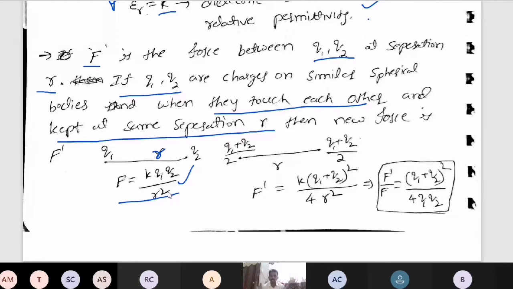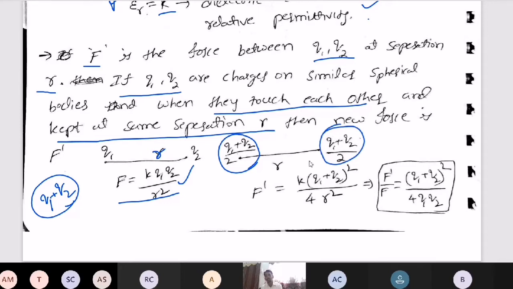Now what you have done? You touched both of them. As you touch both of them, the total charge becomes Q1 plus Q2. But both are identical, so the total charge will be divided equally between them, because charge is an additive property and charge is conserved. So after you touch and separate them, the charge on each body becomes Q1 plus Q2 by 2, half of the total charge.